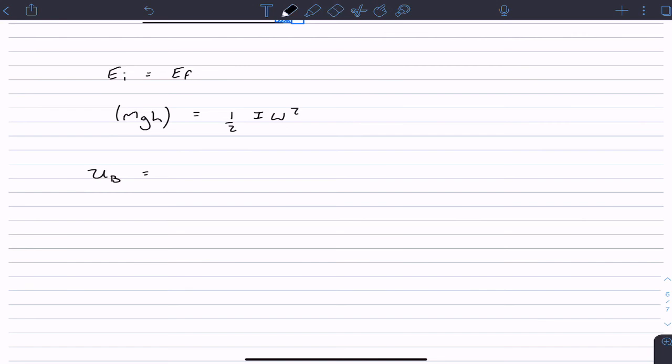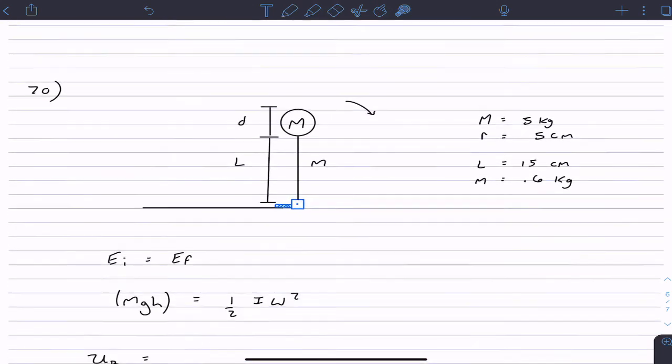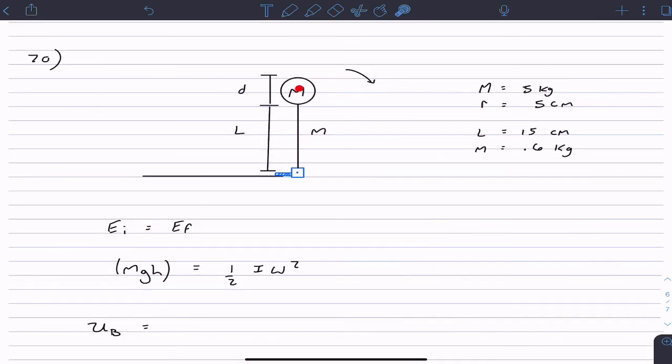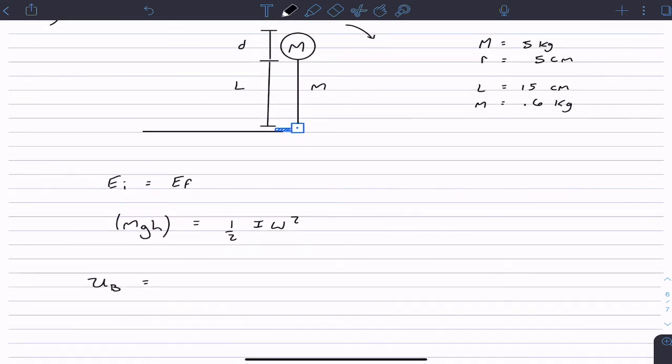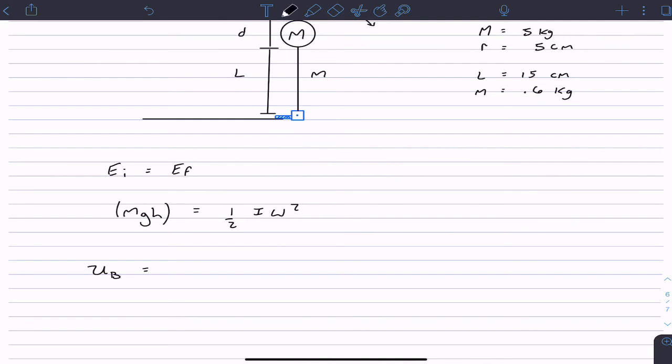The gravitational potential of the ball is actually going to be at the center of mass of the ball, right? So this is at 5 centimeters plus L, where L is 15 centimeters. So that's 20 centimeters, so h is 0.2 meters, times, what was it, 0.6, 5 kilograms is the ball. 5 kilograms times g, right?